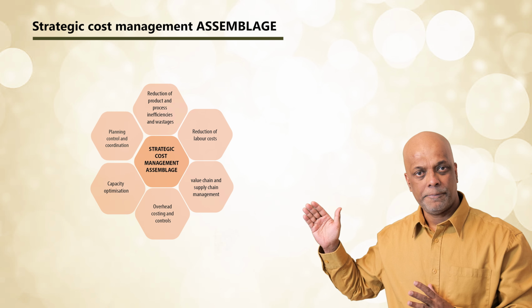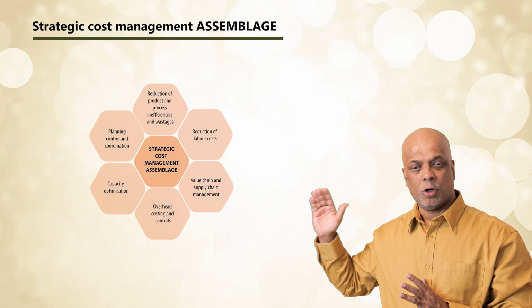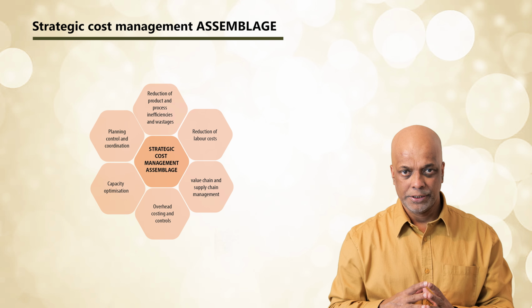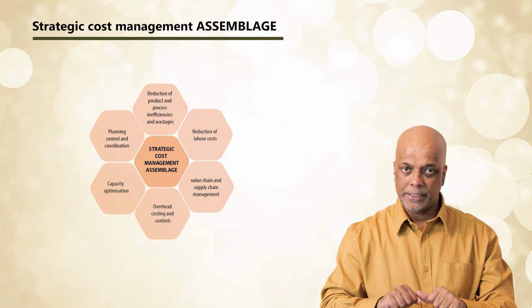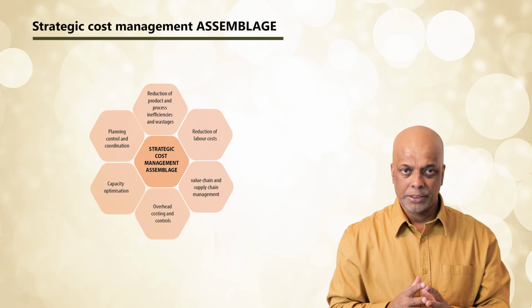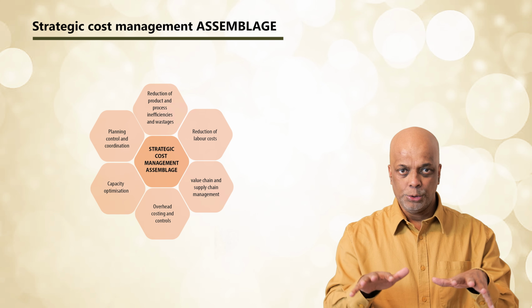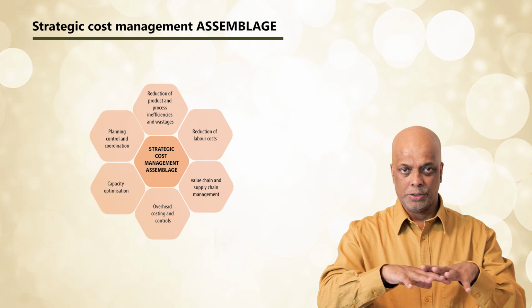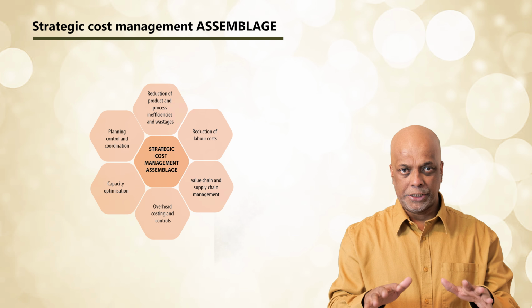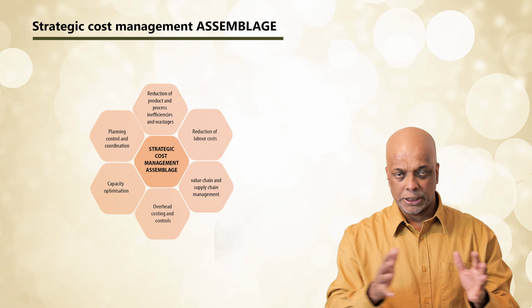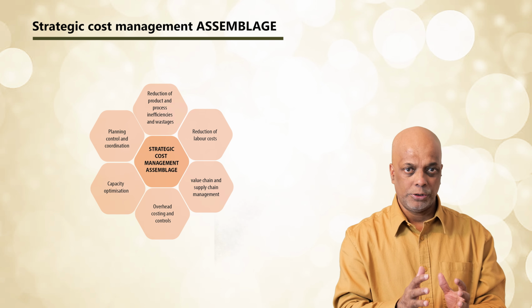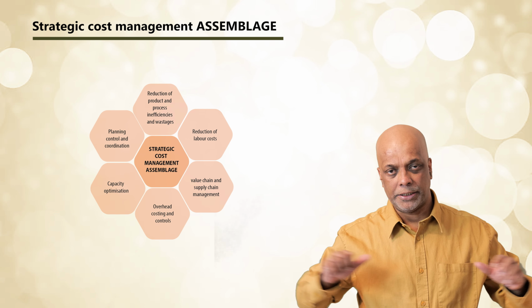And finally, planning, control, and coordination. How techniques such as enterprise resource planning and balanced scorecard are used to coordinate, control and manage the activities across various departments, divisions, and processes within the value chain as well as across the supply chain.